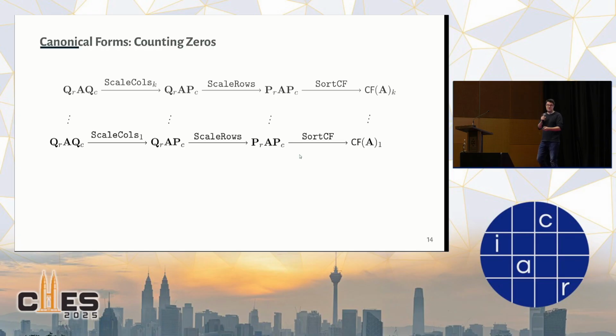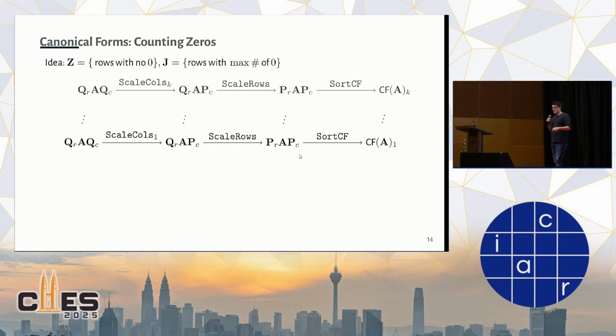We are only interested in the end in the shortest among them. And the trick to skip computation is to first scan the matrix for 2 properties. First, we want to know which rows have no zeros in them, and we store their indices. And next, we want to know which rows, and their indices, have the maximum number of zeros in them.